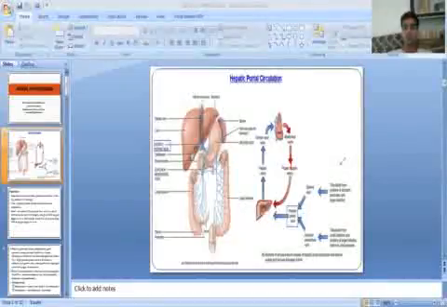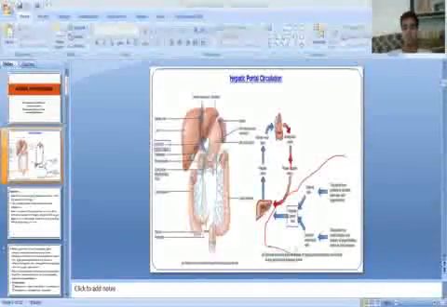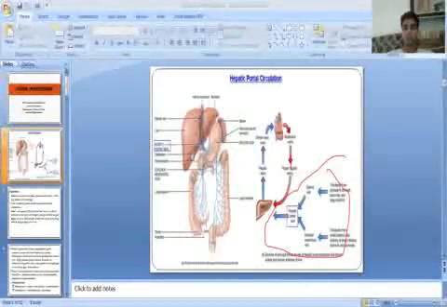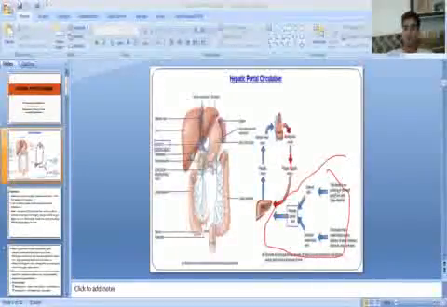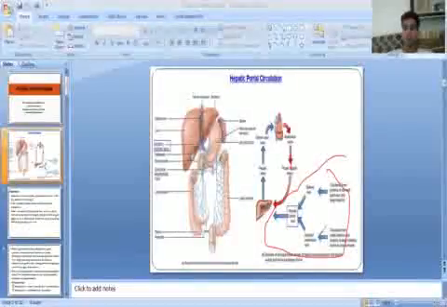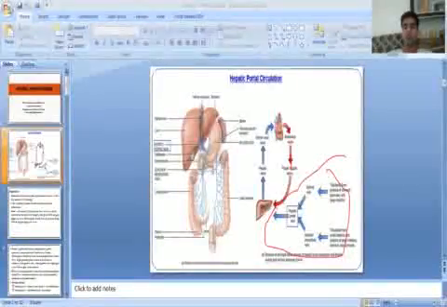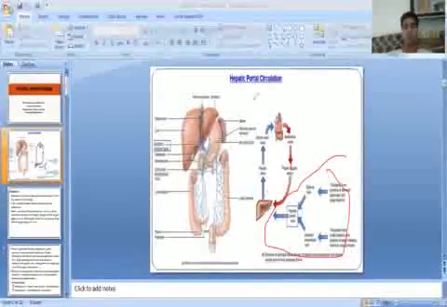This is the hepatic circulation. As you can see, the splenic vein and superior mesenteric vein drain blood into the hepatic portal vein, and it drains into the liver. Yes, students.